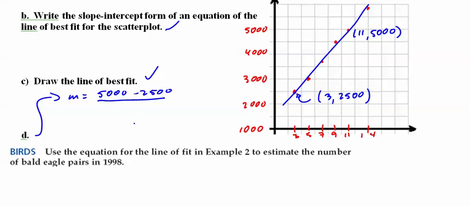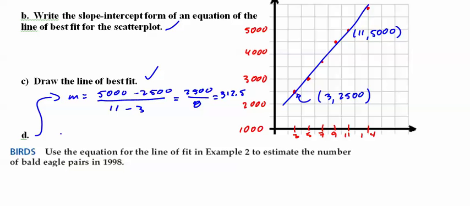Over 11 minus 3. 2,500 over 8 equals... Calculator that one out. Yep. 312.5. That means that every year we seem to add 312.5 pairs of bald eagles.